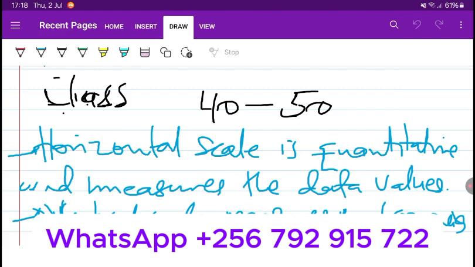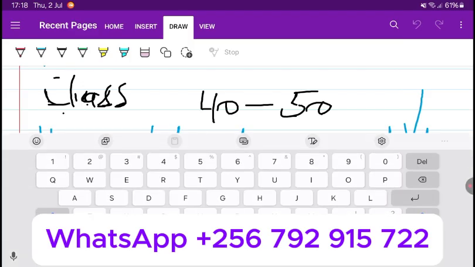Then the other most important property is that the consecutive bars must touch each other. In other words, we are going to have bars that are close to each other. They are intact. We don't have spaces.